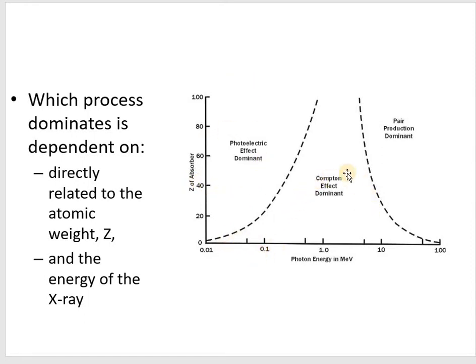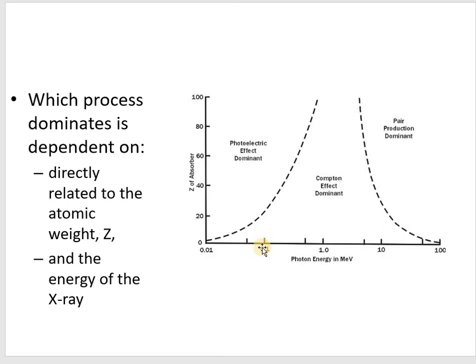At medium energy, Compton interactions are more dominant, and pair production is more dominant when the energy is more than 1 MeV. So let's say a radiographic imaging acquisition was set to 150 kVp.